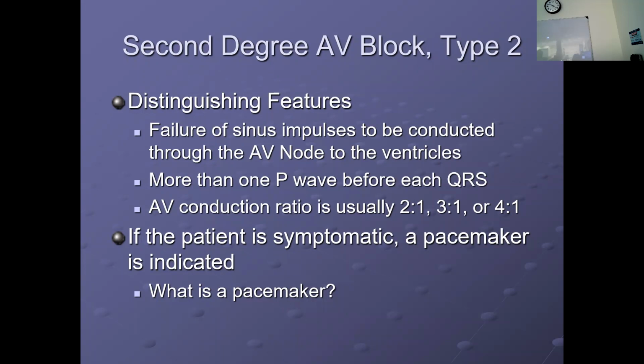Second degree type 2 is considered a serious cardiac arrhythmia. So with second degree type 2, you've got your 2-to-1 conduction, 3-to-1 conduction, etc. That's considered a serious arrhythmia because it may progress to complete heart block.